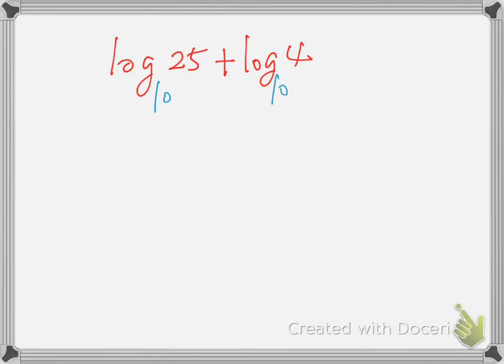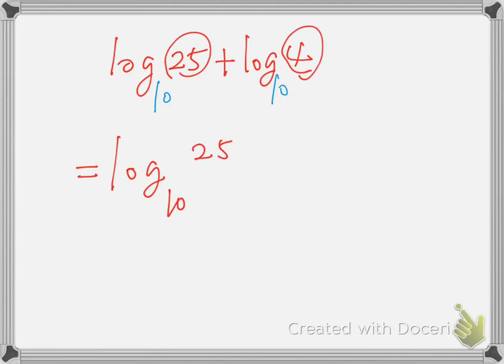Examples. Let's look at log 25 plus log 4. It's an addition of two logs. First, you know the missing base is 10. And then we know the sum is the same base 10, and we multiply these two numbers, so it's 25 times 4.